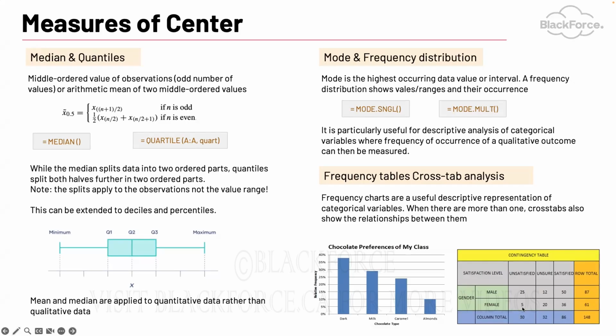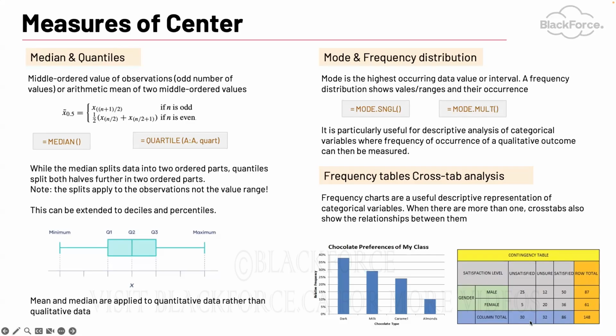For the females, you already have a much lower percentage of unsatisfied customers. Now, if you lumped this together, all you would see is 30 people were unsatisfied, 32 were unsure, so about the same number, and 86 were satisfied.